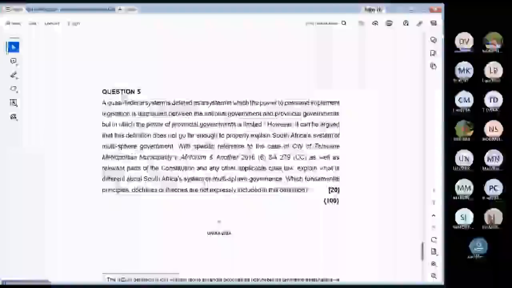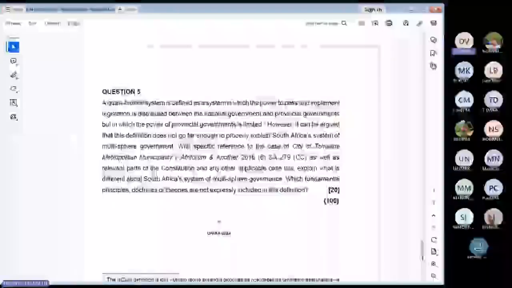To add on to what you've already said, I would probably put in there that the reason it's a quasi-federal system is because we don't have that clearly defined structure like the states have. As you mentioned, our different spheres of government have to work together. It's cooperative government, and not everything is black and white.